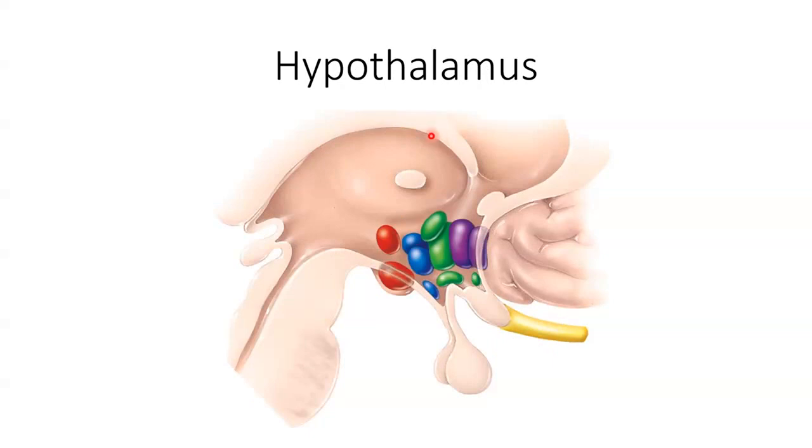Next is the hypothalamus. So if here is our thalamus, this section just inferior and a bit anterior is our hypothalamus. The hypothalamus controls many different body activities, and it's known as one of the major regulators of homeostasis.